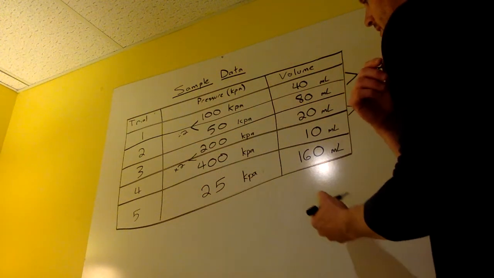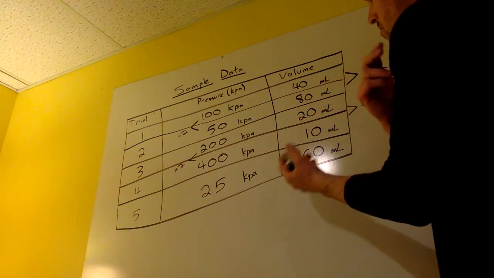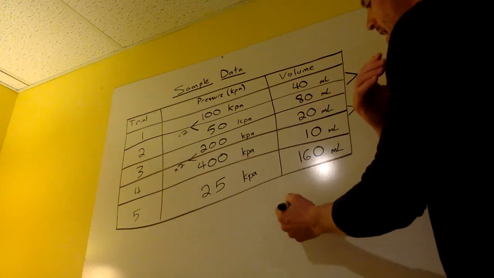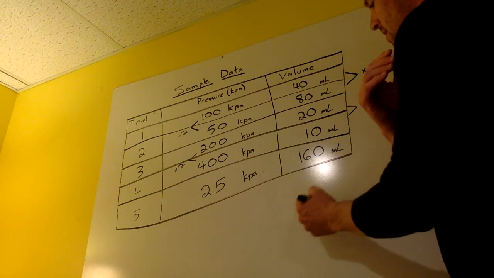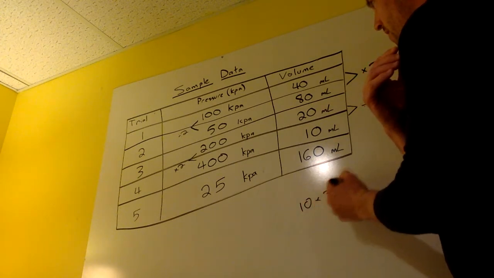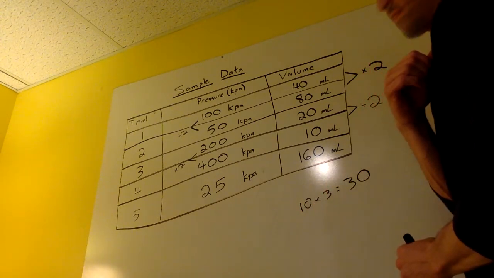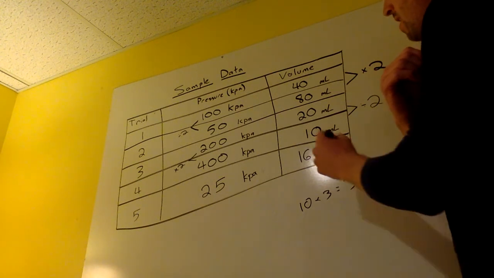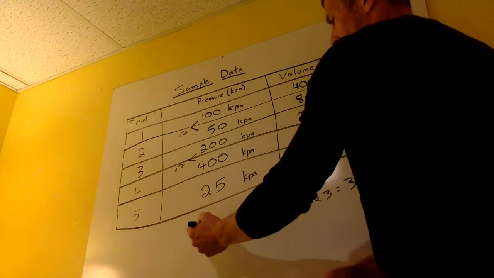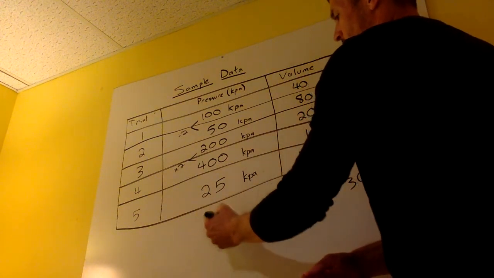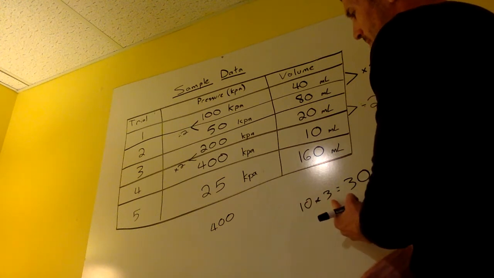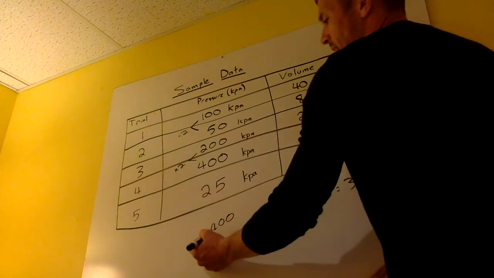Now, if I had data here that said it gets multiplied by 3, right? So let's say I had 10 and I multiplied it by 3, that would give me a volume of 30 milliliters. Let's use our units. And then my pressure would be 400. And to get that pressure, if I multiplied this by 3, I would do the opposite.